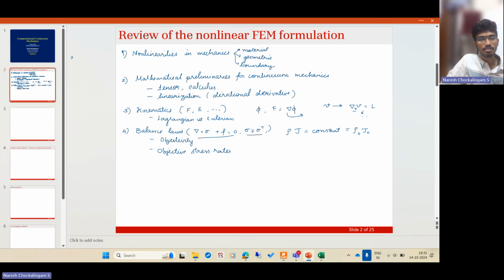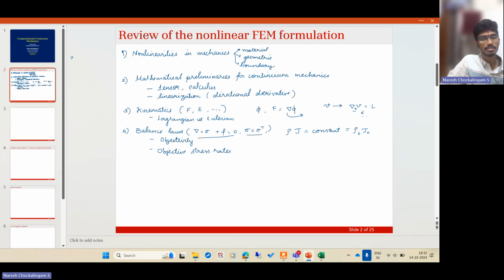Then we looked at a concept called objectivity, which says two different observers are equally qualified to describe any physical phenomena. Two observers shouldn't disagree on a description of a certain phenomenon. That is basically objectivity or frame indifference.